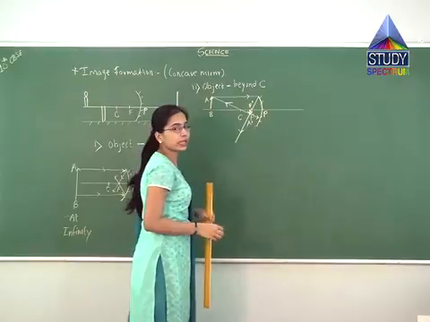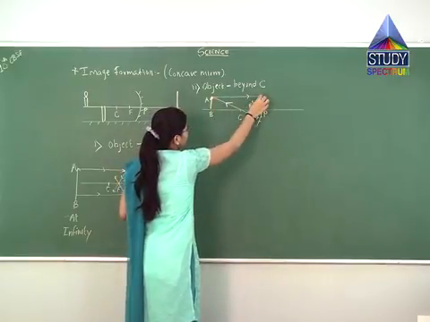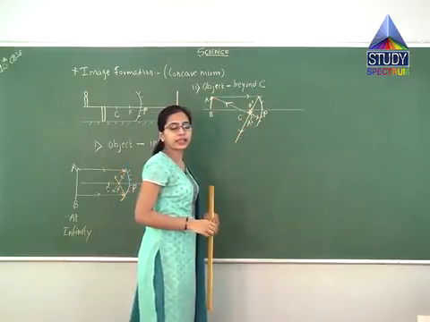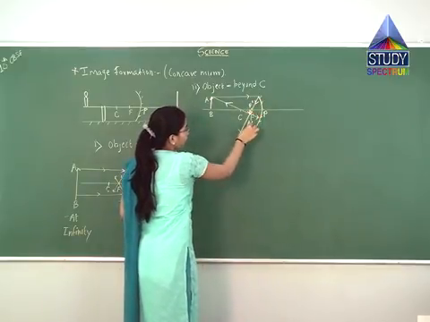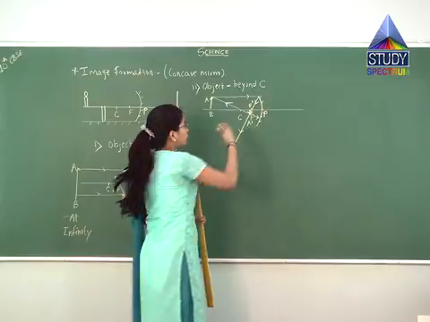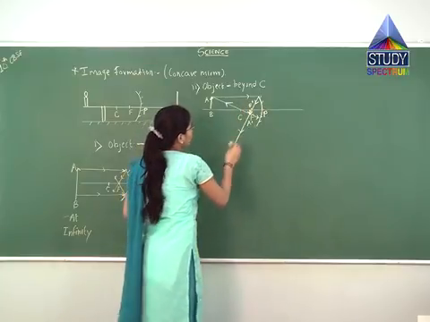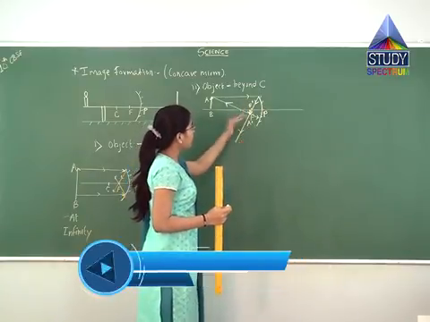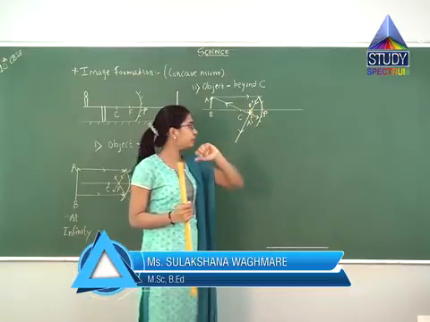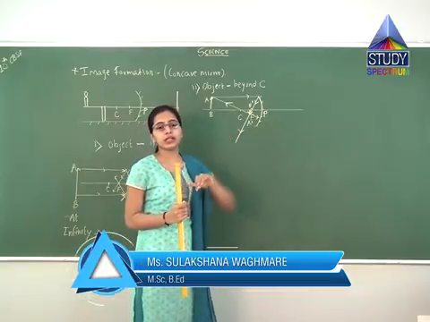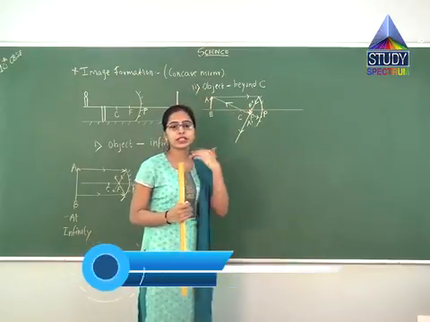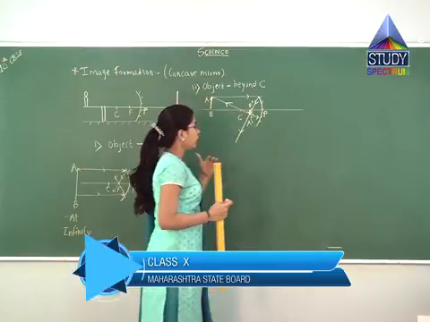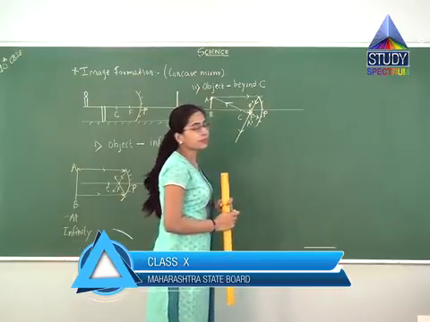Why downward? The ray coming from A is reflected in the downward direction. That's why A dash is below B dash. So here you can see my image is inverted, AB was straight and A dash B dash is inverted. So this was the second case.